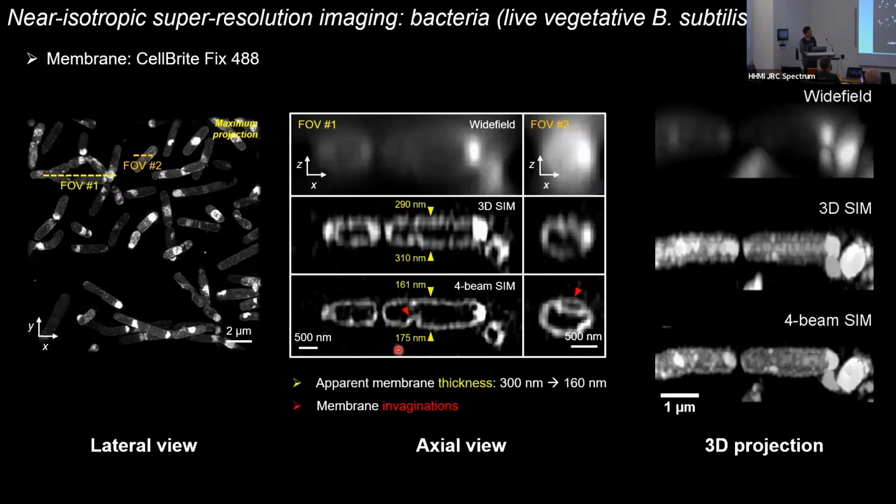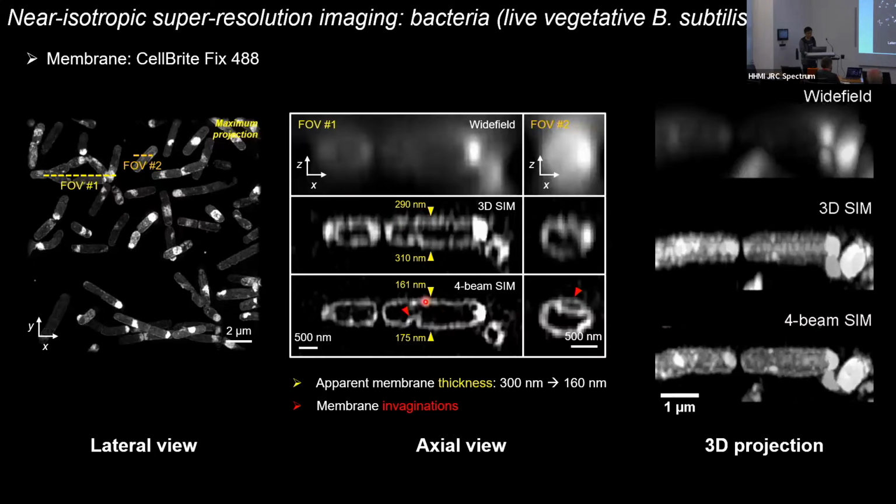And this resolution improvement could also be demonstrated and quantified by the apparent cell membrane thickness. But I have to say that is not the real thickness of the bacterial membrane, because it should be much thinner than the dozens of nanometers here. But we can still observe that the improvement is greatly increased, right?